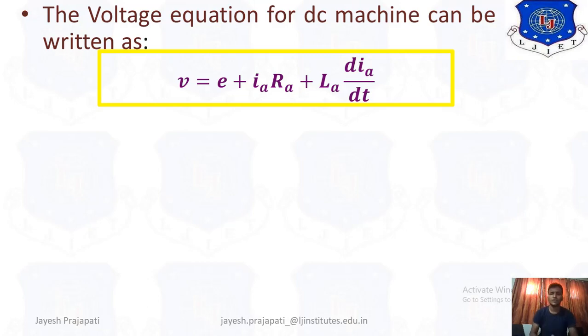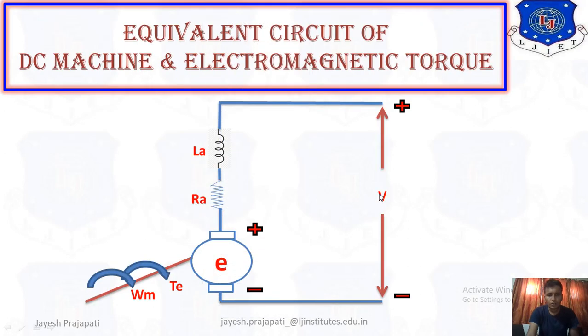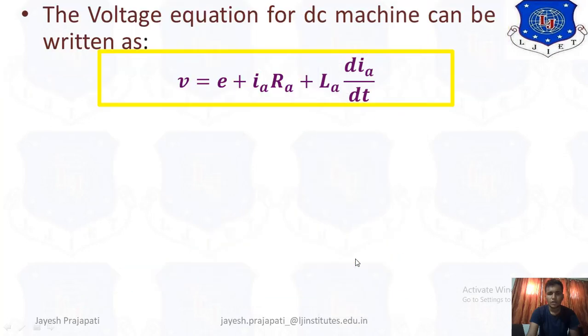This equation is derived from the equivalent circuit. Here, voltage V is equal to E plus the drop IaRa, and since the inductive circuit current is changing, La dIa by dt. Take this as equation number 1.